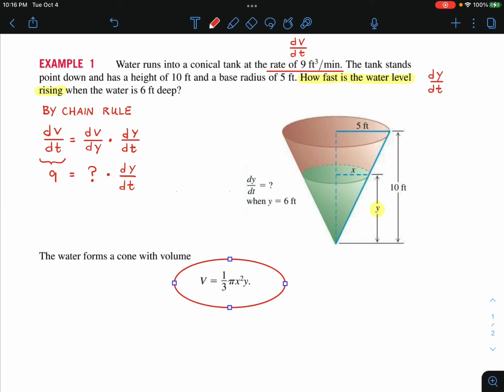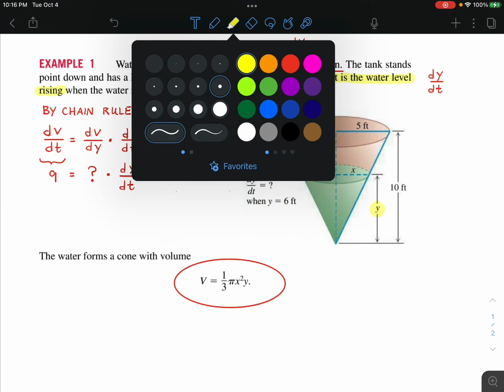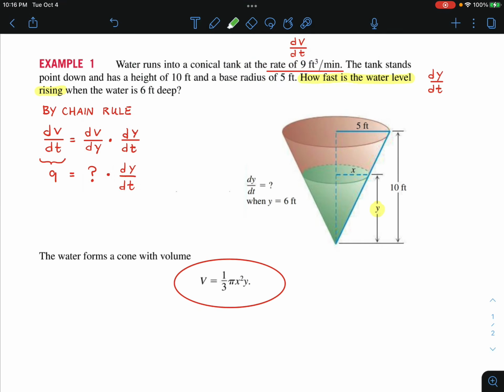Because the water tank here is shaped like a cone, we use the volume formula V equals 1/3 pi times x squared times y. As you have seen already, y measures the height of the water, and x, you can see in the diagram, represents the radius.